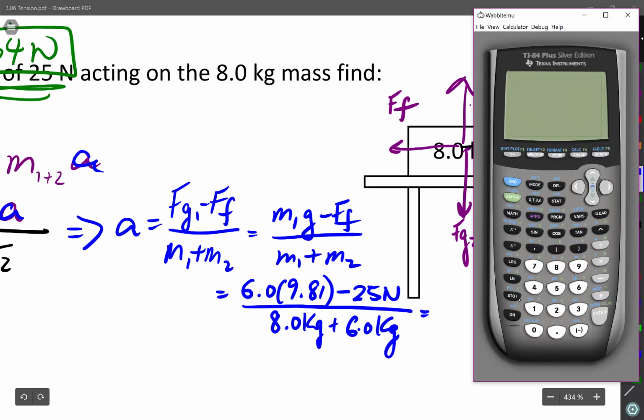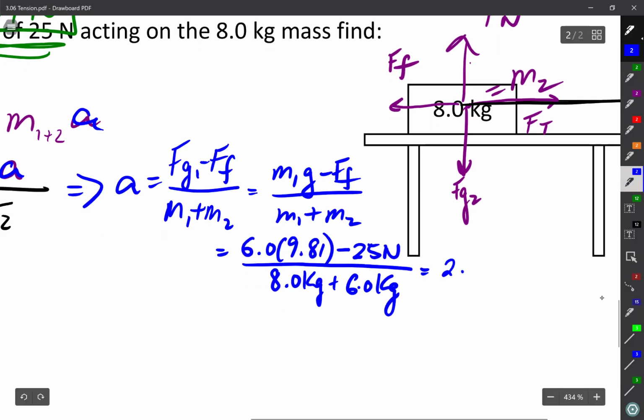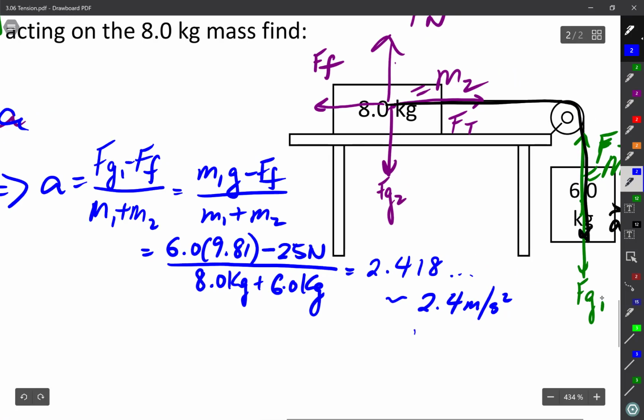Solving for this, we get 6 times 9.81 minus 25 divided by the sum of these two, which is 14. 8 plus 6 is 14. Our acceleration is 2.418, etc., which rounds to 2.4 meters per second squared down on the right.